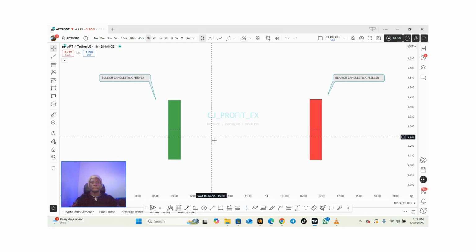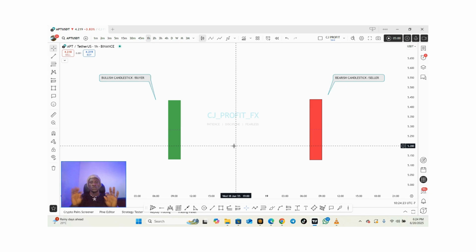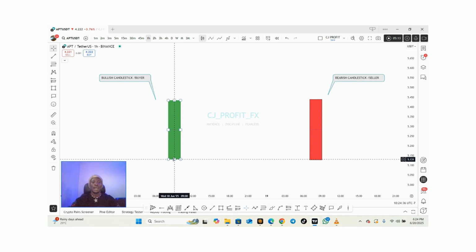In this scenario, we are meant to tell you how they are formed and their job in the market. A bullish candlestick, since it's going up, which is the buyers, opens at the downside and closes at the top side, depending on your time frame.